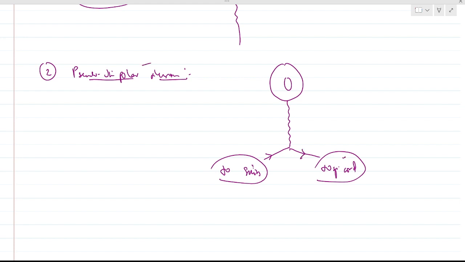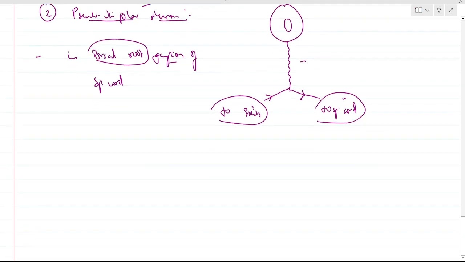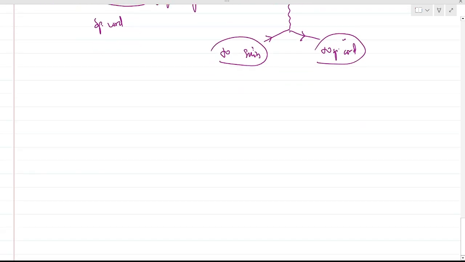This pseudounipolar neuron is very important. It is present in the dorsal root ganglion of the spinal cord. One axon divided into two divisions or functions.